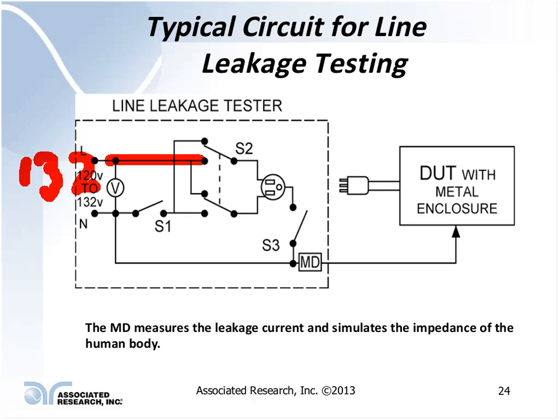If it's in the position shown here, I have line power coming in through this conductor, feeding into my product itself. This is all sitting at 120 volts in reference to ground. In this particular case, my neutral side of the line should also be ground reference. This is my reference point.